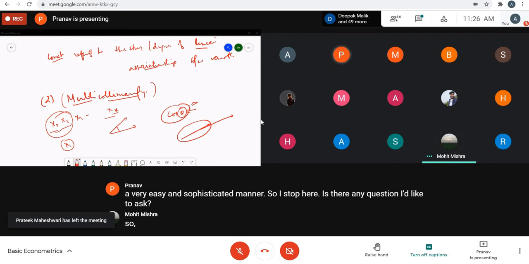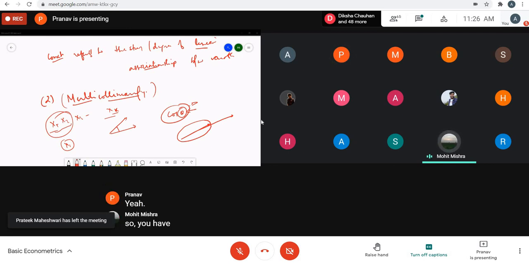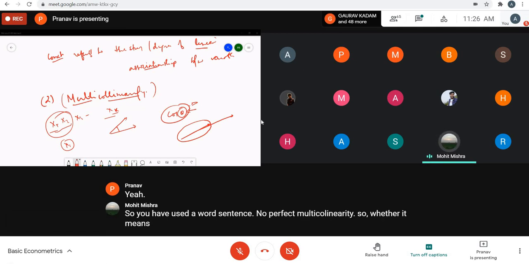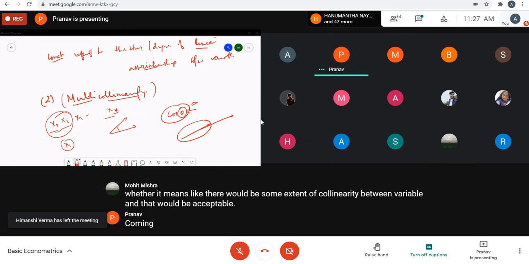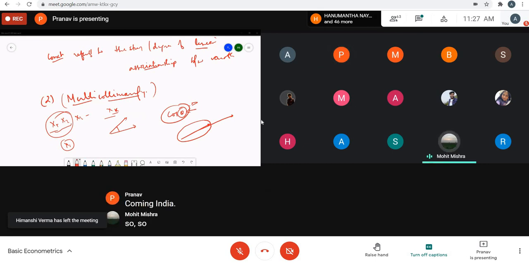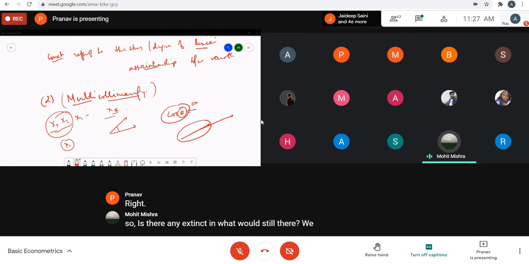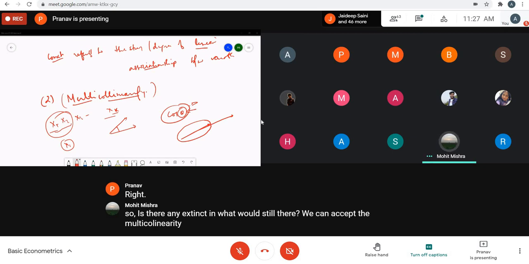Sir, you have used the sentence "no perfect multicollinearity." Does it mean there could be some extent of collinearity between variables, or would that be acceptable? Come again, dear? Sir, the sentence you have used, no perfect multicollinearity in this assumption. Is there any extent till which we can accept multicollinearity between the variables?